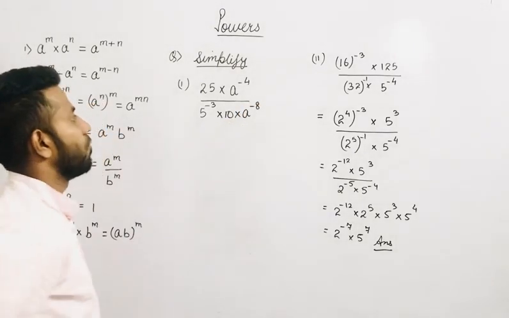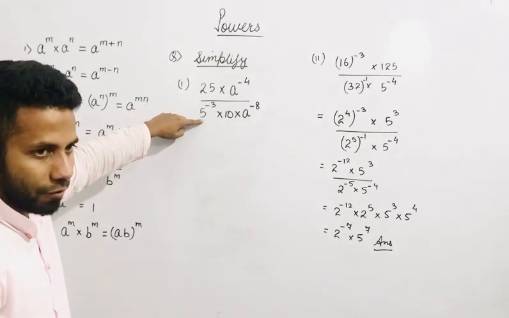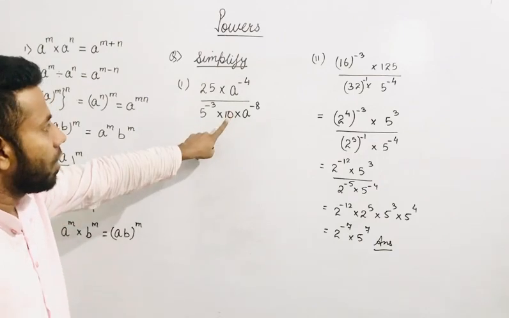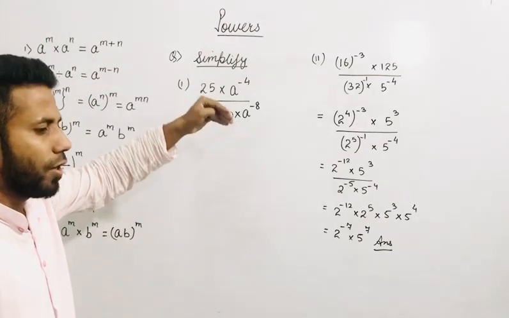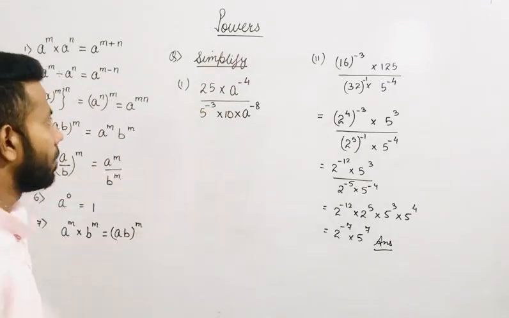This is what you have to simplify. So you have 25, you have 5. 25 can be written as 5 to the power 2 in the base 5. Now you have a different number, 10. So when you factorize 10, you get it in the form of 5 into 2.